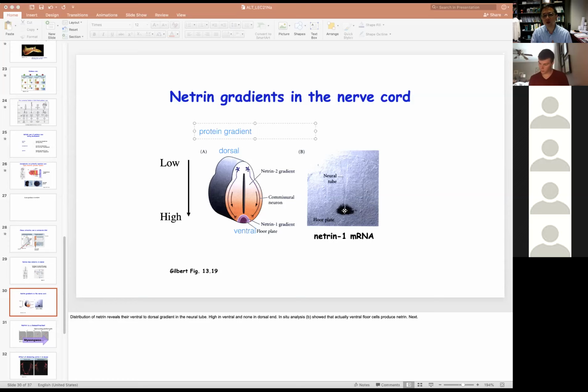I don't think we can really say ventral midline, it's a little bit overexposed. But anyway, the ventralmost cells are producing this netrin protein.